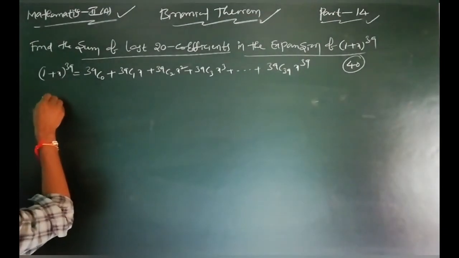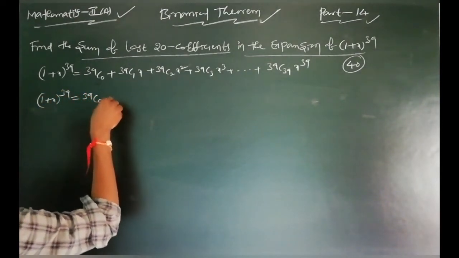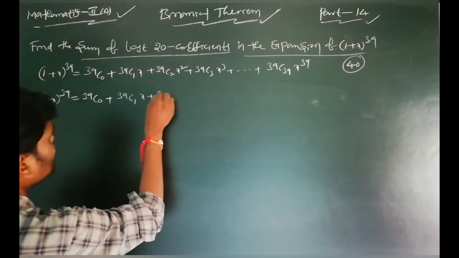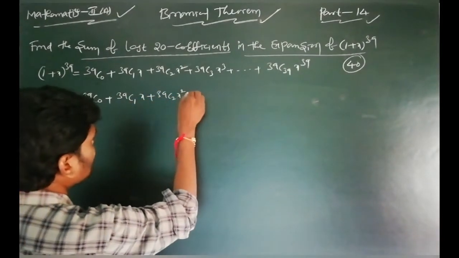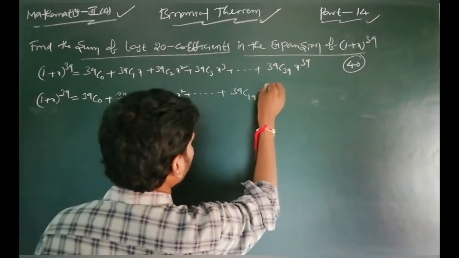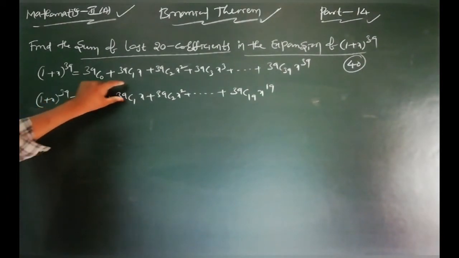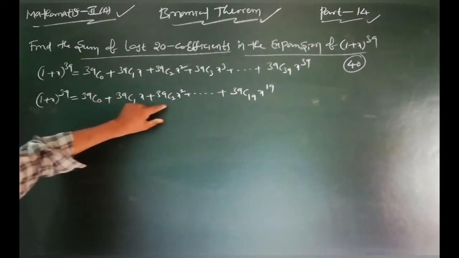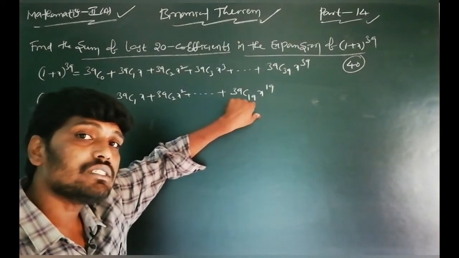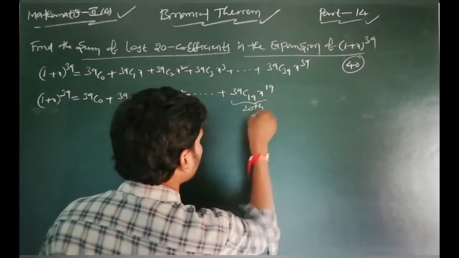We can write (1 + x)^39 = 39C0 + 39C1 x + 39C2 x^2 and so on up to 39C19 x^19. Correct or not? The first term is C0, C1 is the second term, the third term is C2. 39C19 is which term? The 20th term.